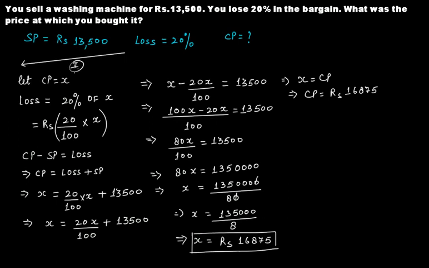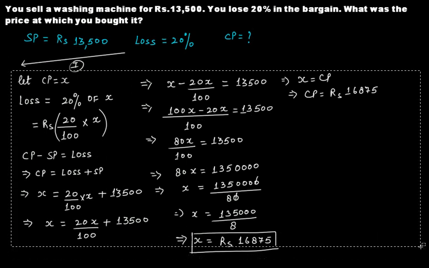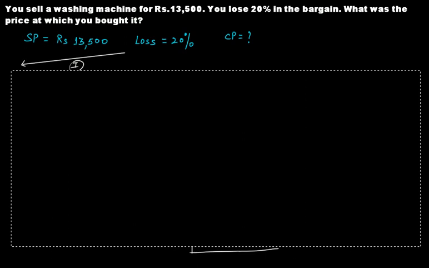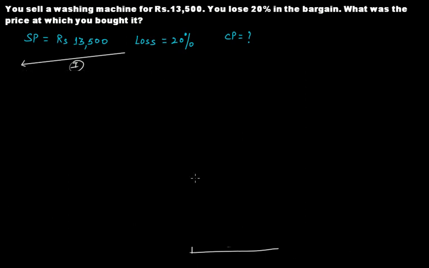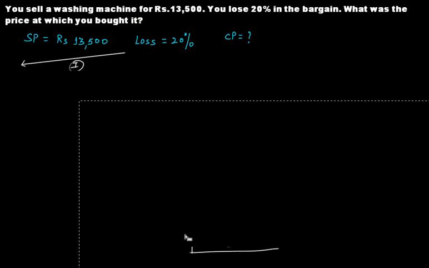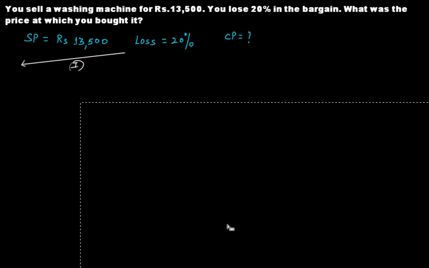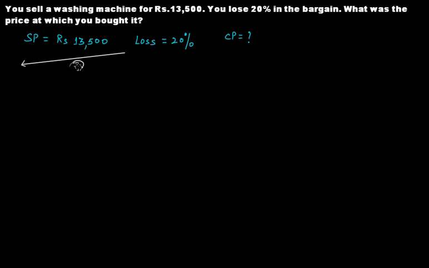Okay, so this was the first way. There is another way. Let's solve using that. So the second way will be, in this second case, it's given that you make a loss of 20% in the bargain and the selling price is 13,500.